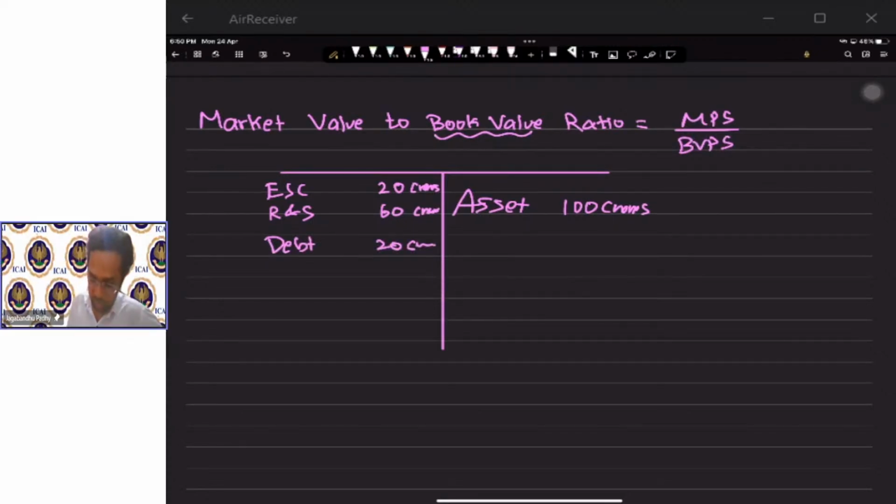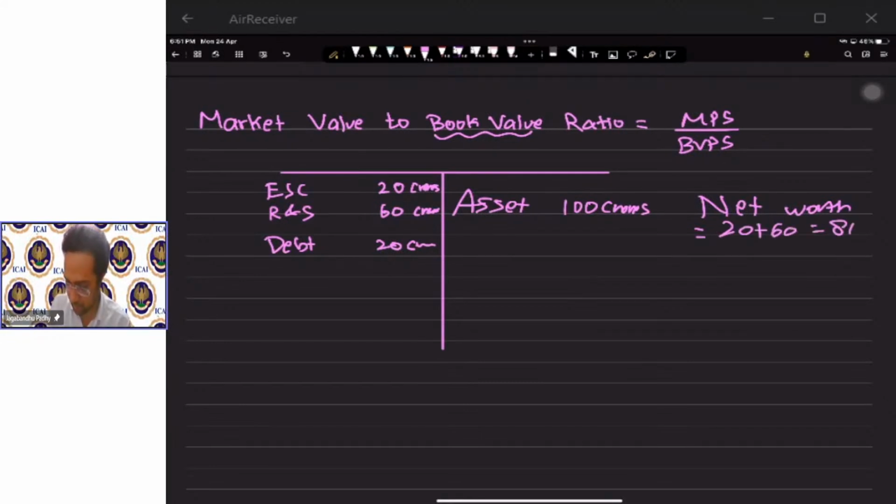Right? So if I ask you, what is the net worth of the company? Net worth means what is the worth of this company for the equity shareholders? Net worth of the company is obviously whatever equity shares the company is having and the reserves and surplus, right? So you can say it is 20 plus 60, which is 80. Or you can also say assets minus outside liabilities.